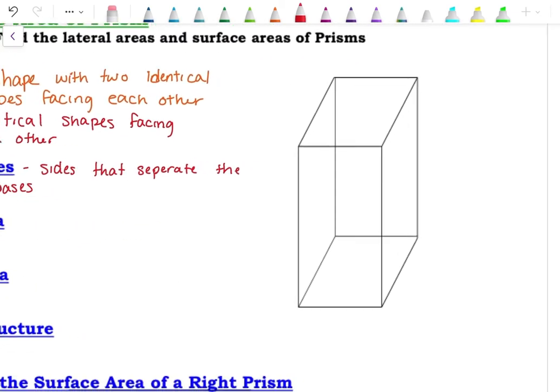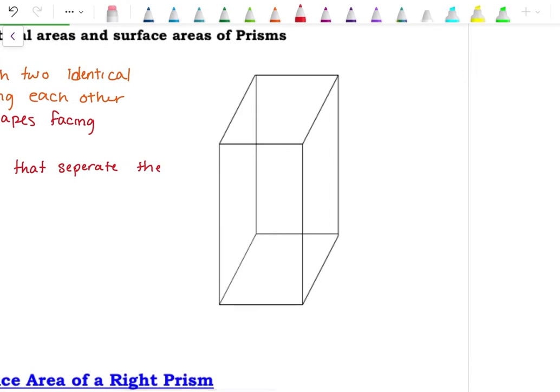So if we look at our prism right here, we can see we've got two bases. This is going to be one base on top, and we've got another base on the bottom, and those are identical shapes. Now this is a rectangular prism, so if we wanted to call one of those other sides the base, we could do that also.